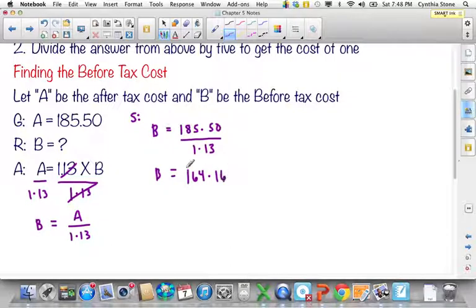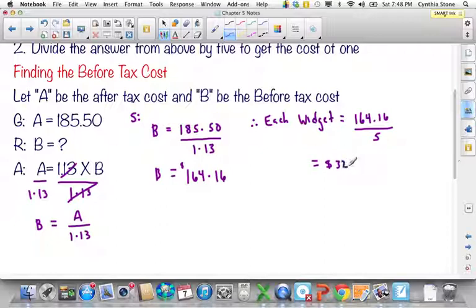That means that 5 widgets before tax is 164.16. Therefore, each widget must be that price divided by 5, or the cost of each widget is $32.83. Again, I didn't do that one in my head.